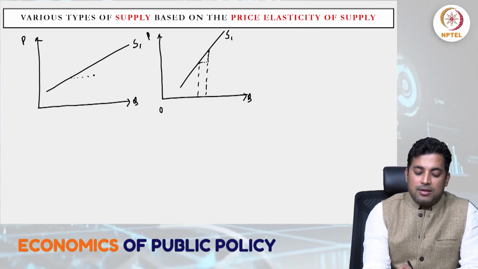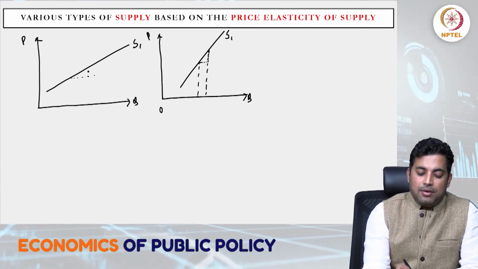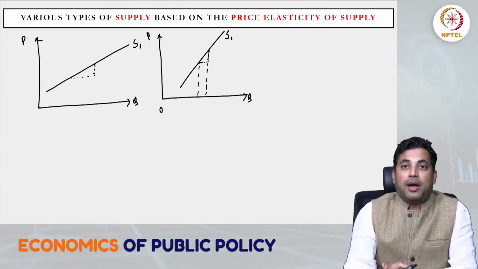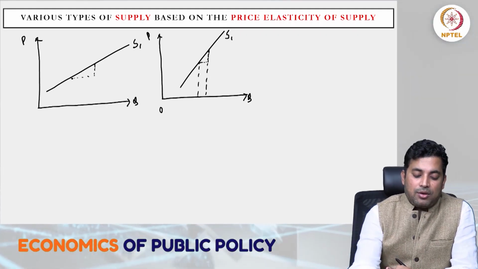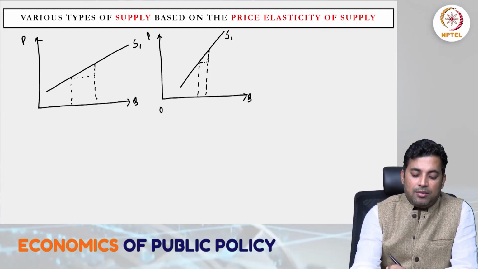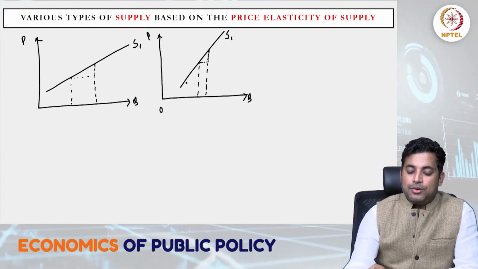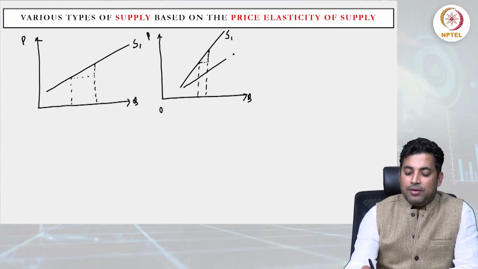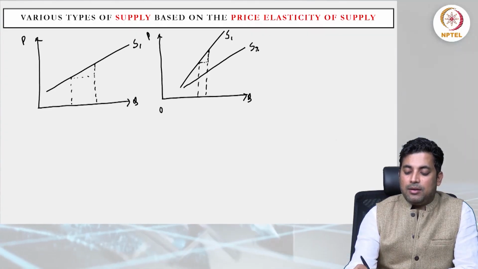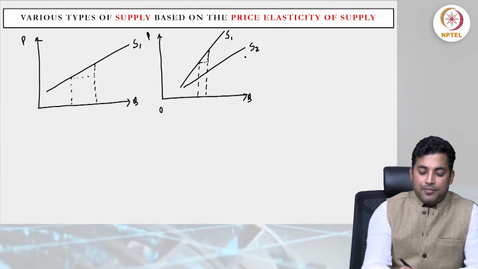If changes in the price have a bigger impact on the changes in supply, then it is elastic. So obviously if it is flat, then the value will be higher.